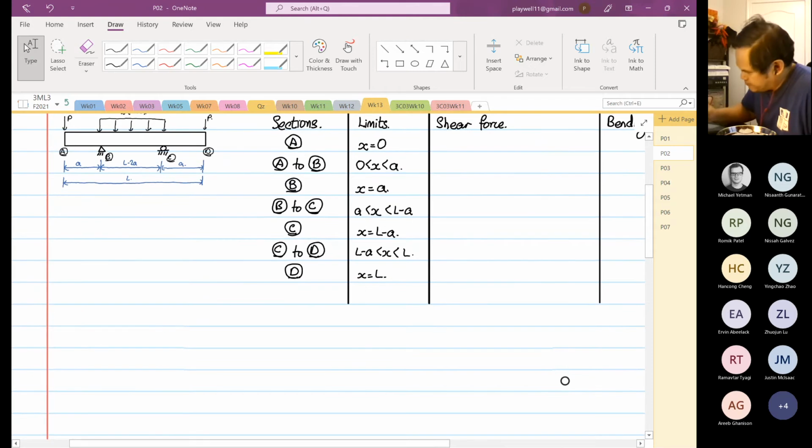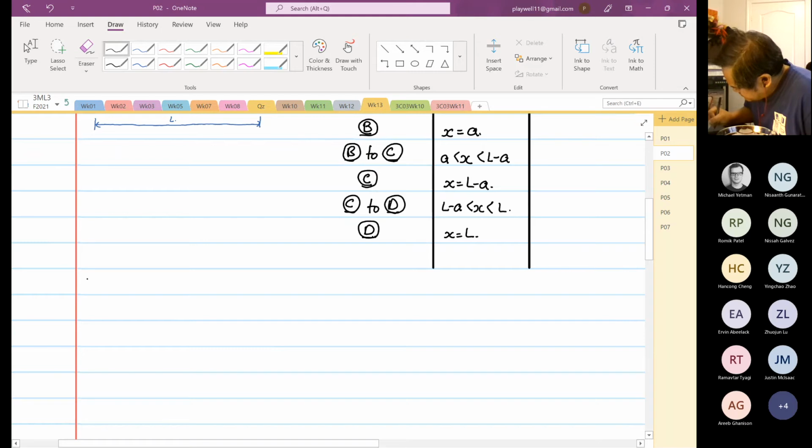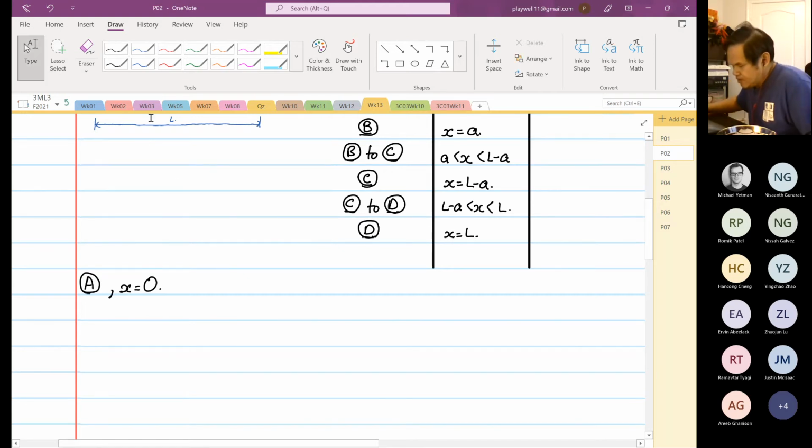So now let's look at point A. The first one is at point A, where x is equal to 0. So I'm going to draw a very thin beam.